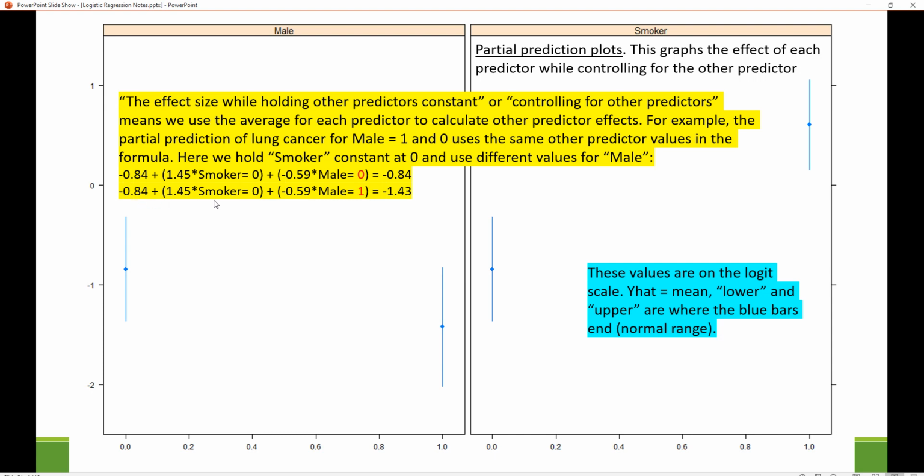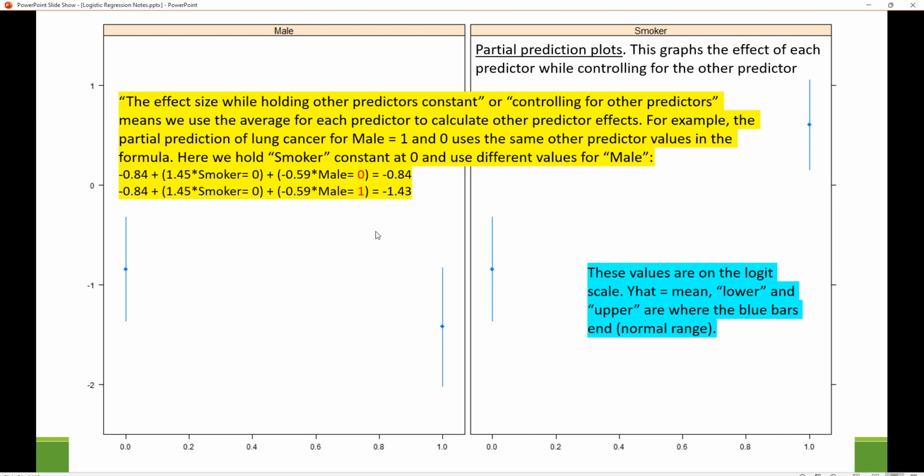So that part remains constant. The only thing that we change would be that effect of negative 0.59 times the male status, the male variable value equal to 0, or the male variable value equal to 1. And so when we do that, we see that we get two different outcomes, negative 0.84 or negative 0.143.